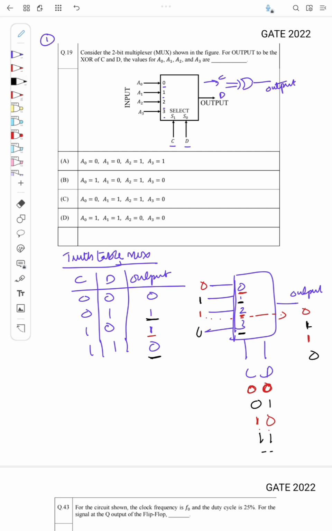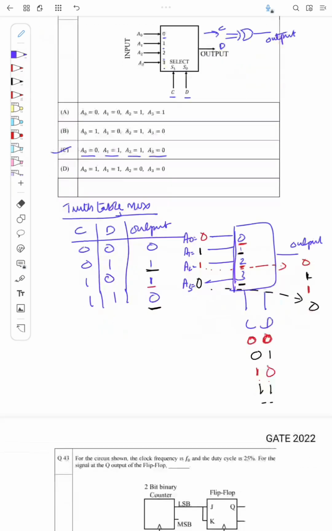So here the input should be 0, so that I will get an output 0 here. So what should be the input corresponding to A0? A0 should be 0, A1 should be 1, A2 should be 1 and A3 should be 0, right? So the answer will be A0 0, A1 1, A2 1, A3 0. Answer is C.